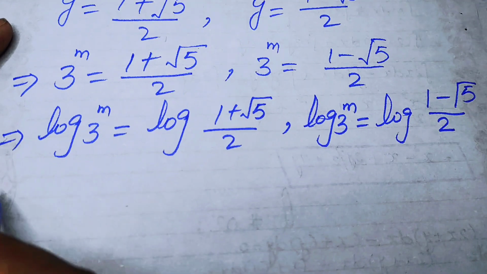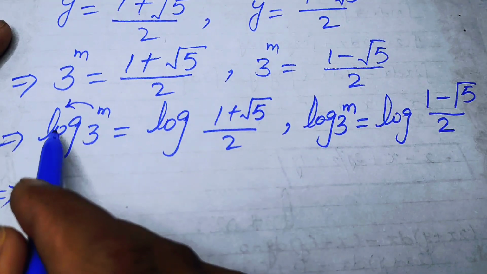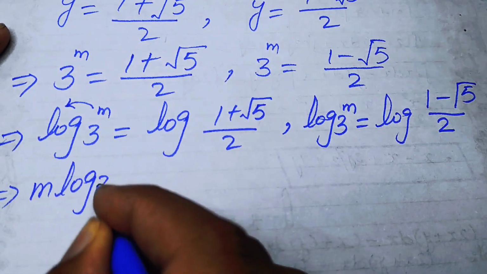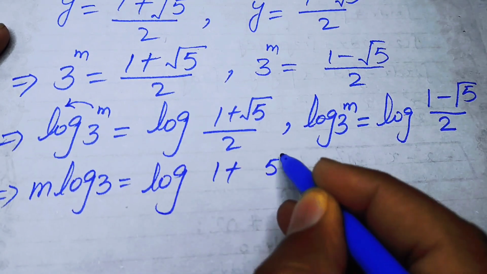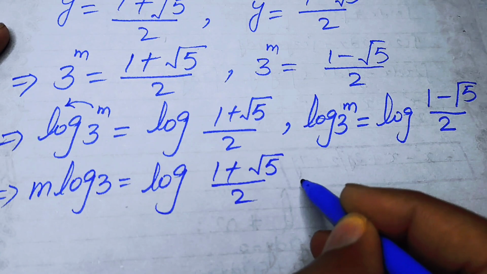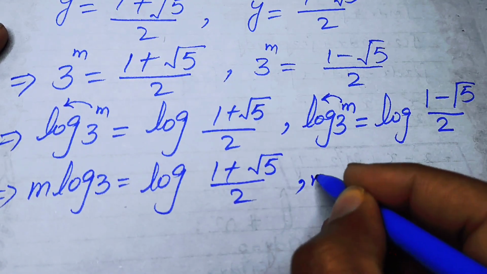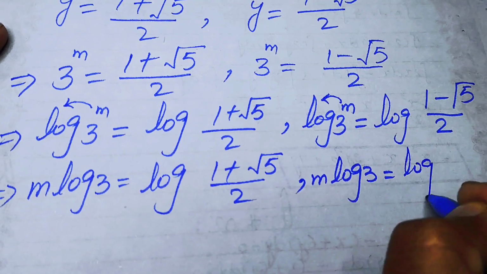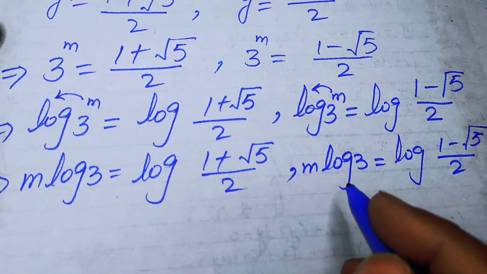And after that, here you can take this exponent from the front of this log, and you get m times log 3 is equal to log of 1 plus square root 5 over 2. And similarly you can take this m to the front of this log, and you will get m times log 3 is equal to log of 1 minus square root 5 over 2.